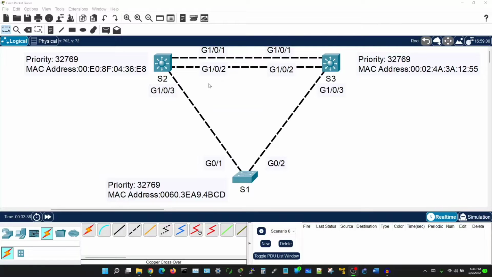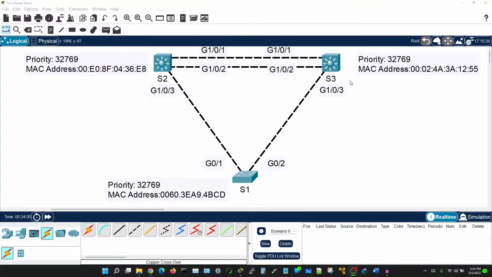Again, in spanning tree, lower is best. So, since all priority values are the same, spanning tree will choose the switch with the lowest MAC address.